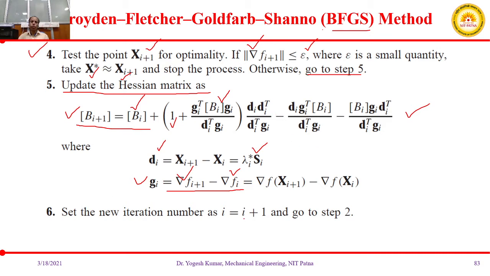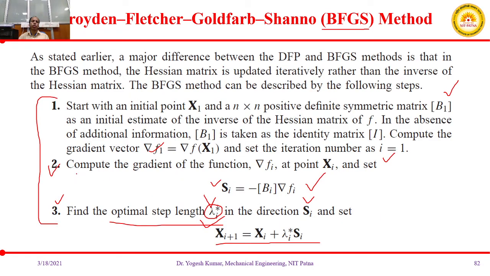Now, once you have updated the B matrix, you set your new iteration number as i equal to i plus 1. Suppose i was 1 for iteration number 1; now you go to iteration number 2 and repeat the whole process from step number 2.